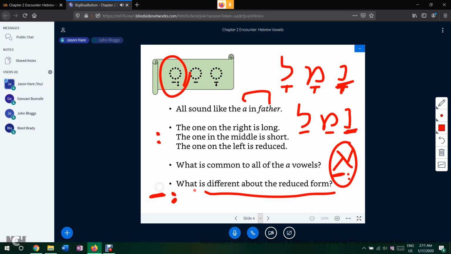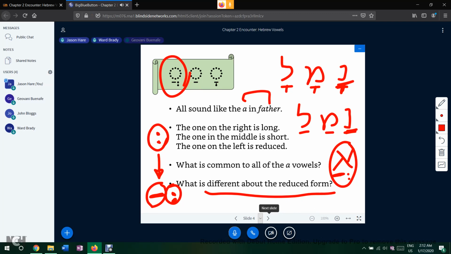So what we have is a combination of our patach and then shva. Shva is a really short sound. So they're together a reduced version of a. That's what the shva indicates. But all of them with that horizontal line is a. If it's got the T going down, or if it's just by itself, or with the two dots, they all sound the same. We're good?